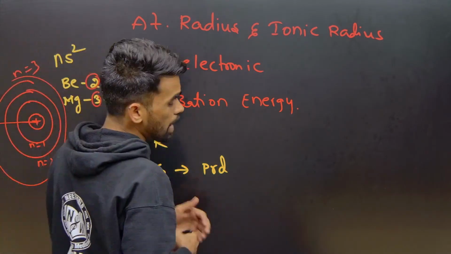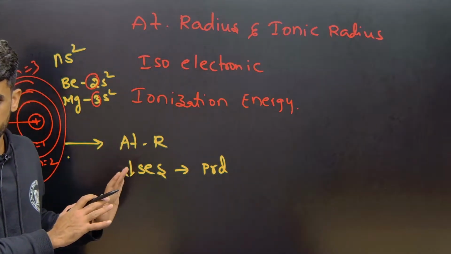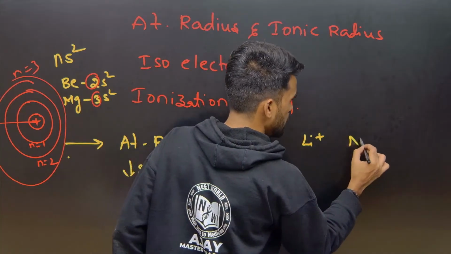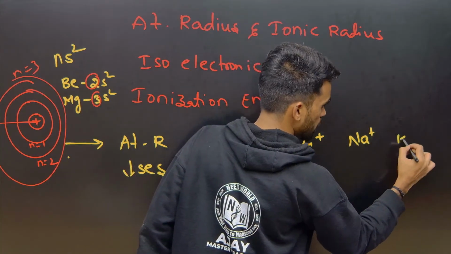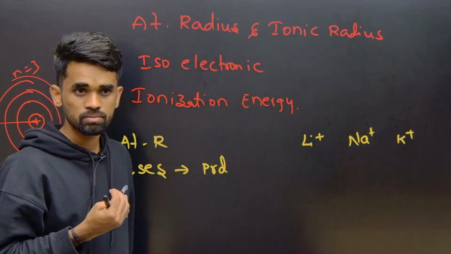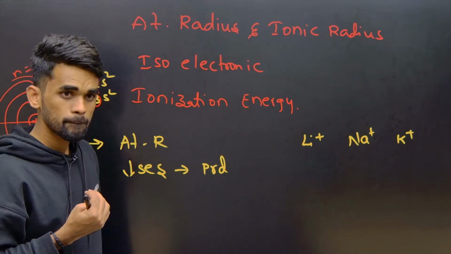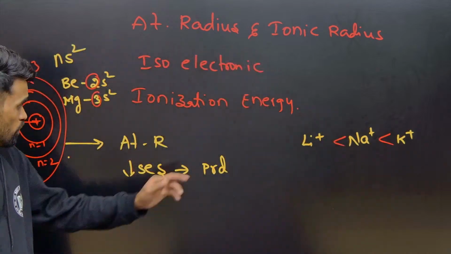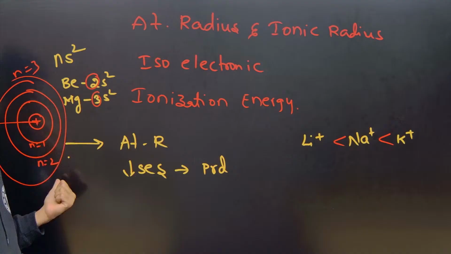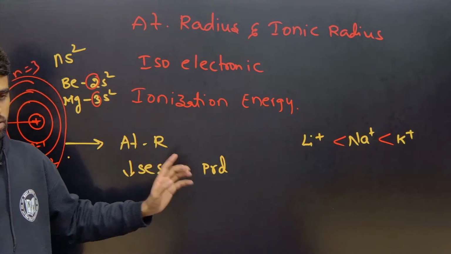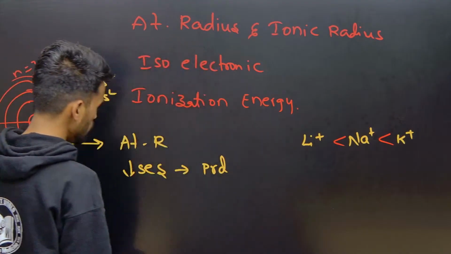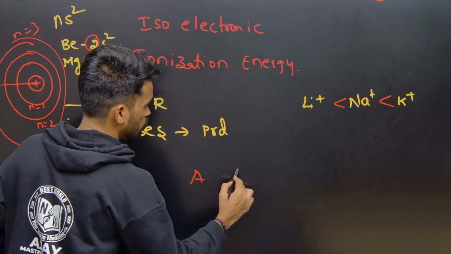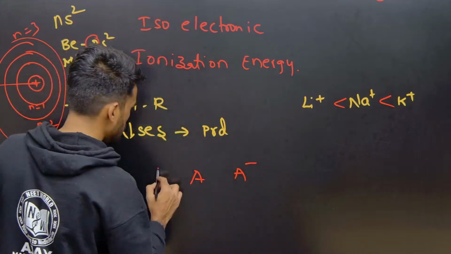Even ionic radius follows the same order. For example, yesterday we discussed Li+, Na+, then K+. If they ask for the order, it is maximum for potassium; the same explanation as for atoms applies to ions. Now I also compared an atom with respect to its anion and its cation.